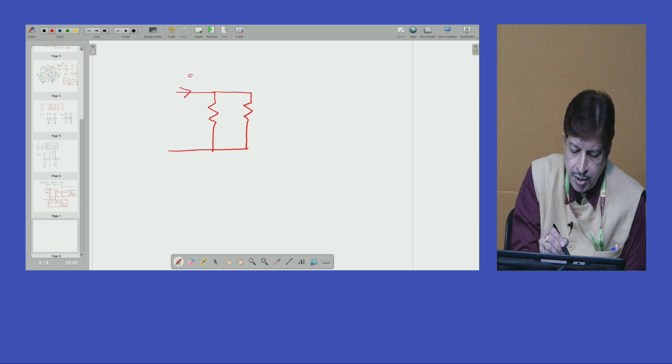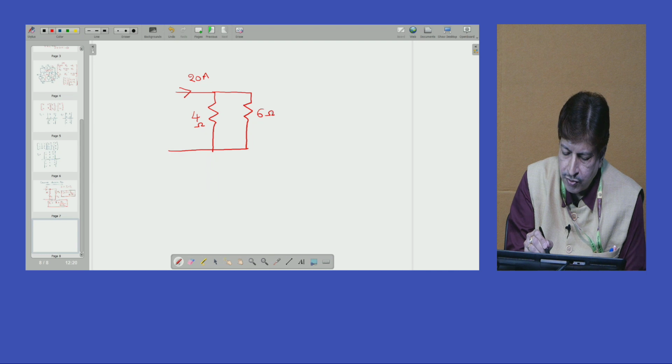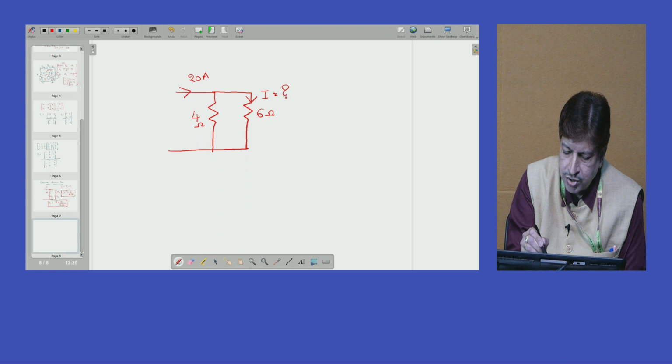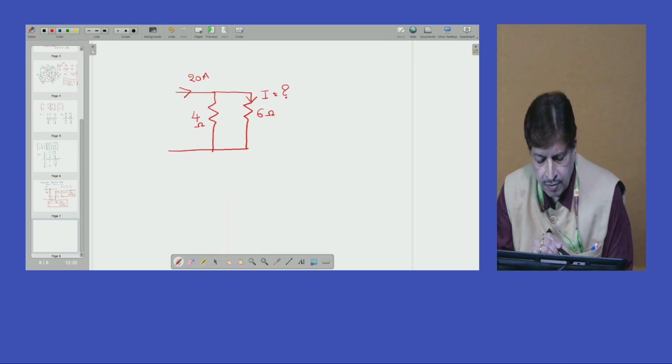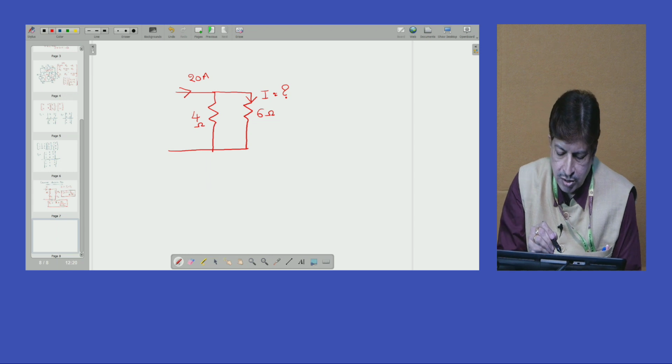Suppose 20 amperes is marked here. This is 4 ohms, 6 ohms. I want I, how much? See, I marked I as the current through the 6 ohms resistor.